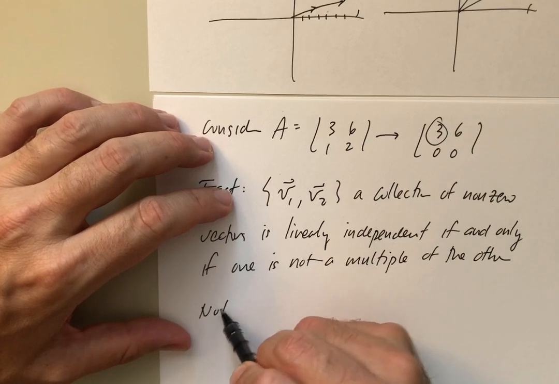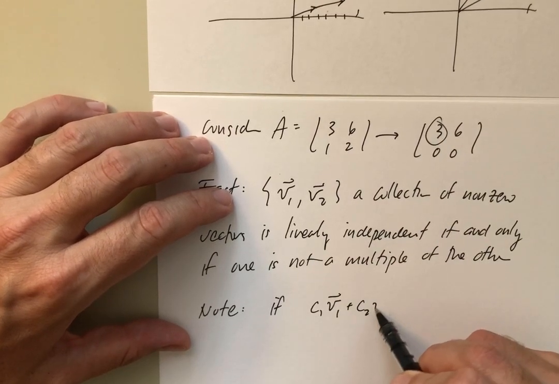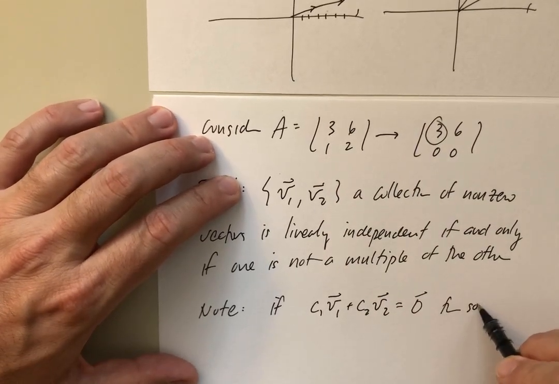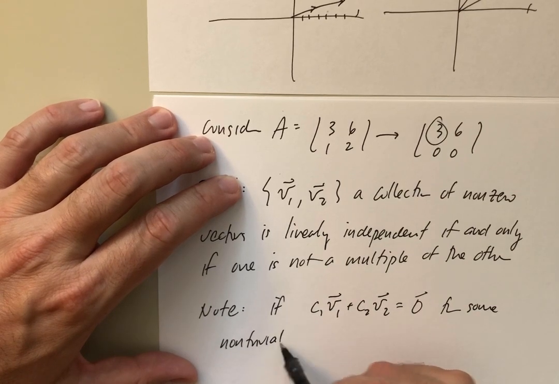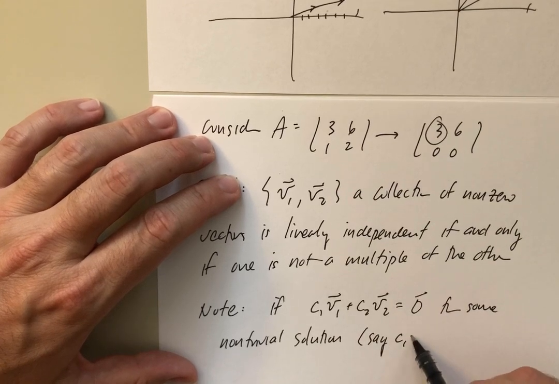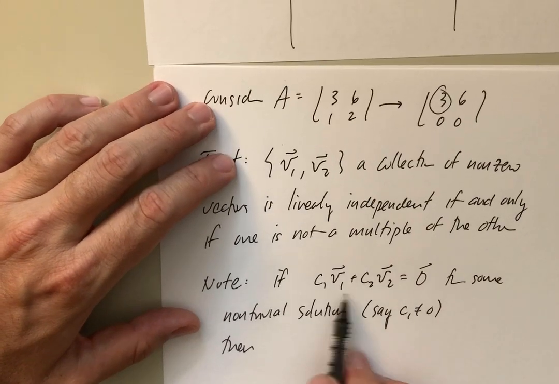Just note that if you had c1 v1 plus c2 v2 equals 0 for some non-trivial solution, so let's say c1 is not 0, then you can collect your terms.